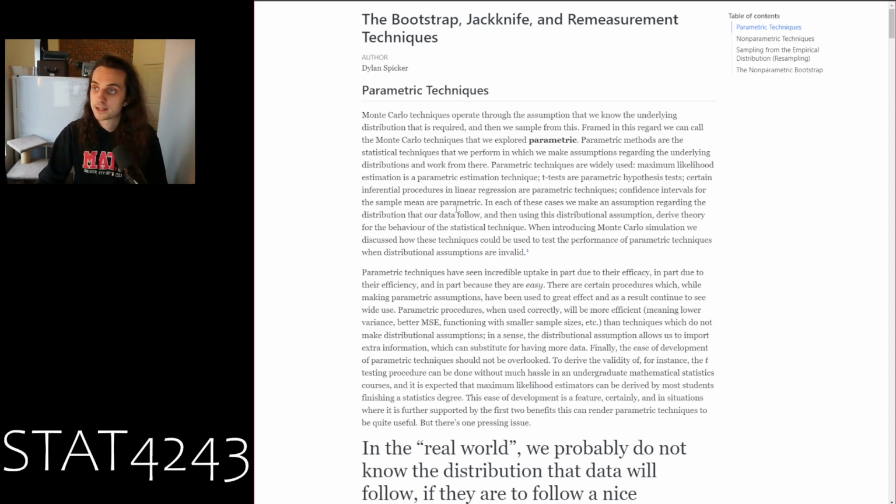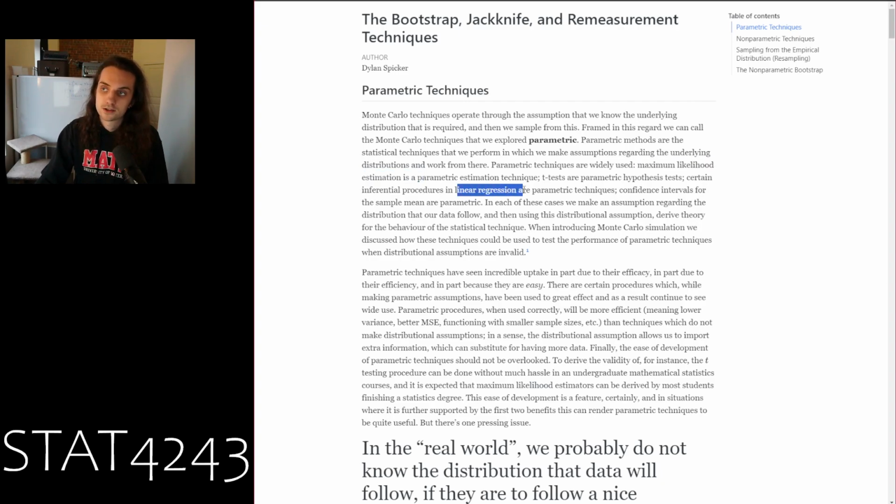If you think about doing a t-test, right? With the t-test, we're assuming that the sampling distribution is going to follow a t-distribution. Normally that comes from assuming that the statistic is normally distributed, right? But we're making some distributional assumption. If you think about doing maximum likelihood estimation, it is very parametric in the sense that you assume that the data are being sampled from some known density, and then you work with that density to estimate the different parameters, right?